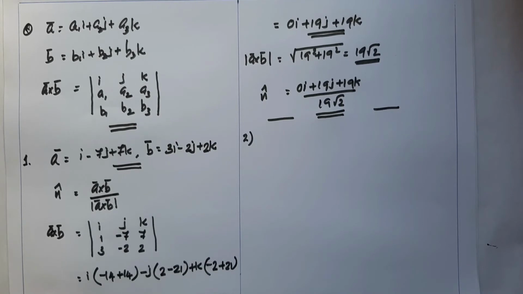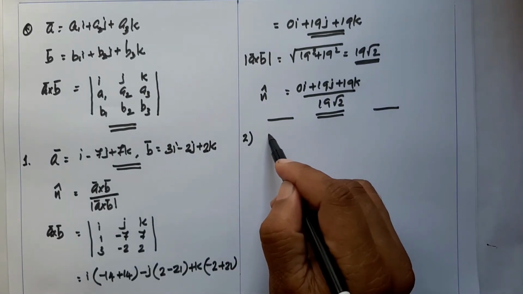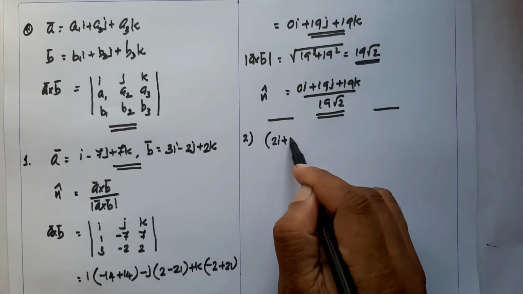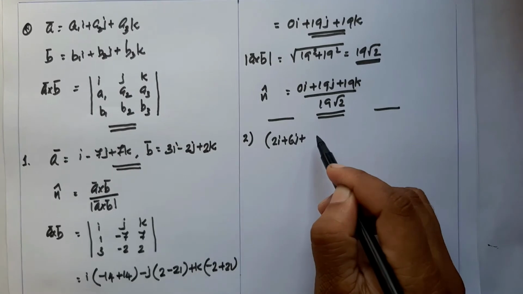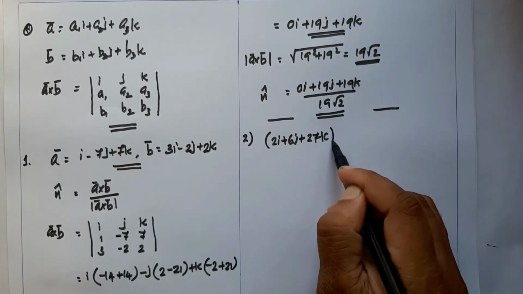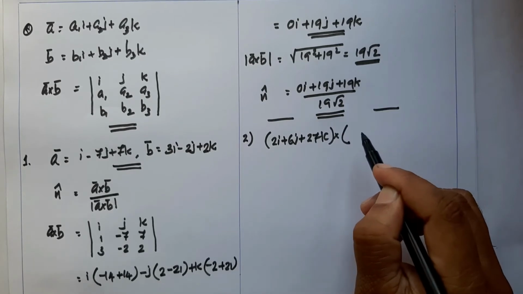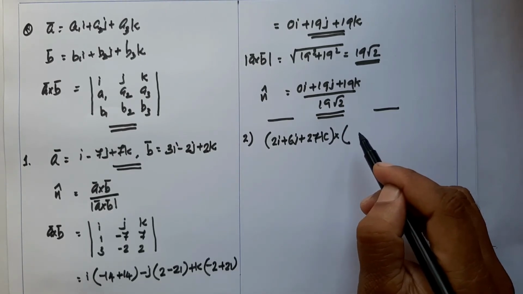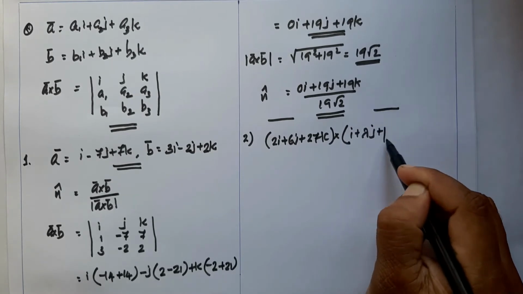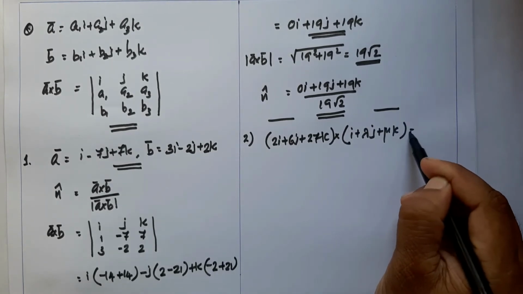Now the second question. Find lambda and mu, if 2i plus 6j plus 27k cross i plus lambda j plus mu k is equal to 0.